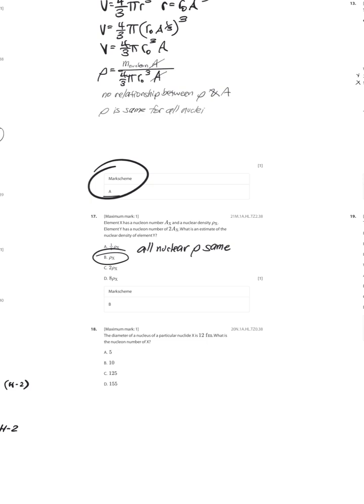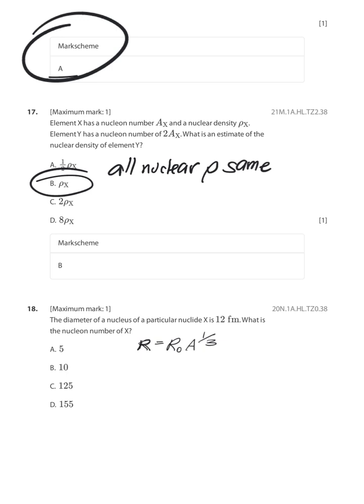What is the nucleon number of X? So the radius of the nucleus is r naught A to the 1/3. And this talks about diameter, so double the radius is double the Fermi radius times the 1/3 power of the nucleon number. The Fermi radius is given in the data booklet. So we put in 12 femtometers.